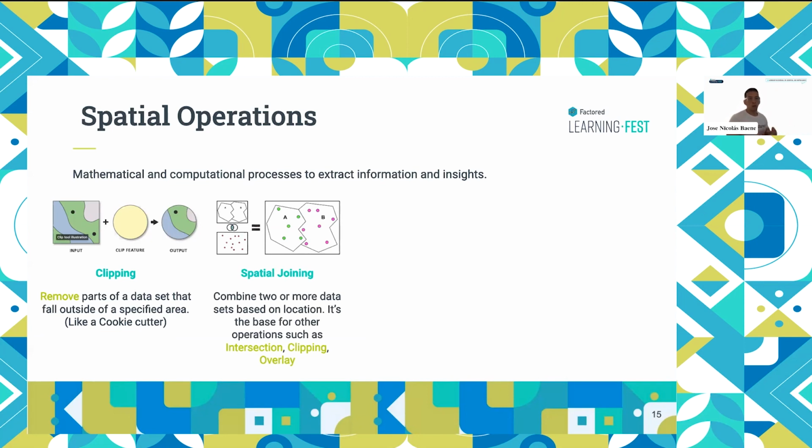So you know the 2 data sets may overlap a little bit or completely or in another way, and you want to join them to create a unique data set that will get you answers. This operation is the root of other kinds of operations, such as intersections, clipping also, or the overlay, which is combining everything.